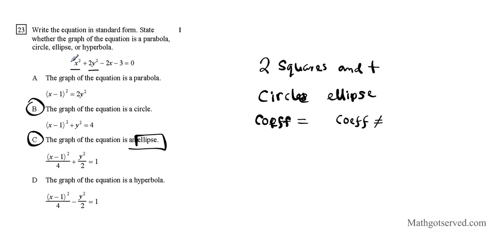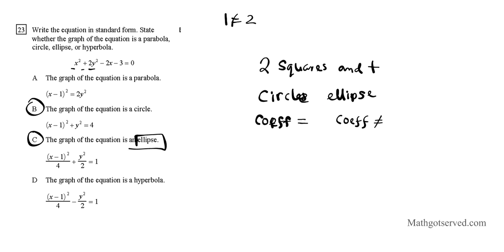Okay, notice the coefficient of x squared is 1, and the coefficient of y squared is 2. 1 is not equal to 2, so that's what makes it an ellipse. If this were 2, for example, the coefficients would be the same, that will make it a circle. So anytime you have a square and a square, and a plus, it is either going to be a circle or an ellipse.